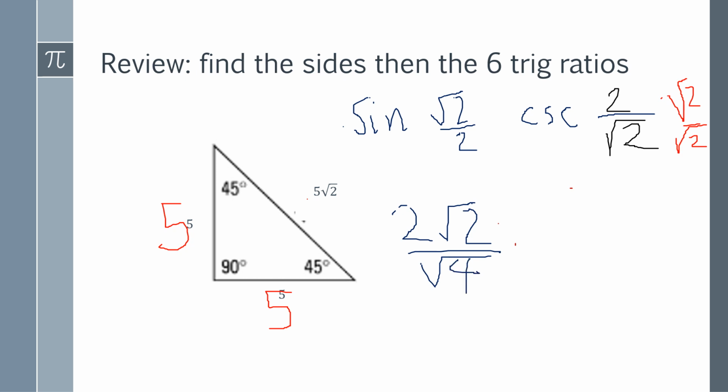But we could simplify square root of 4 to be what? 2. And then we're going to have 2 times square root of 2 over 2, and the 2 over 2 can cancel out. So your final answer for cosecant is just going to be the square root of 2.